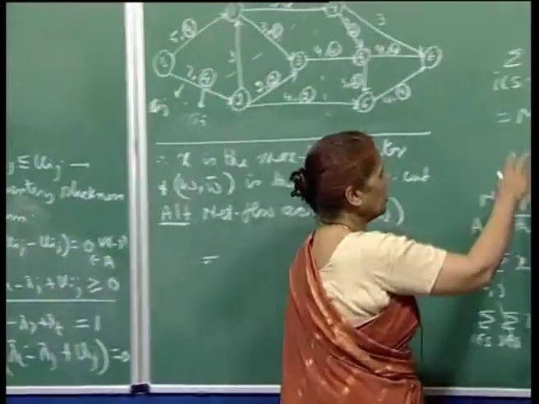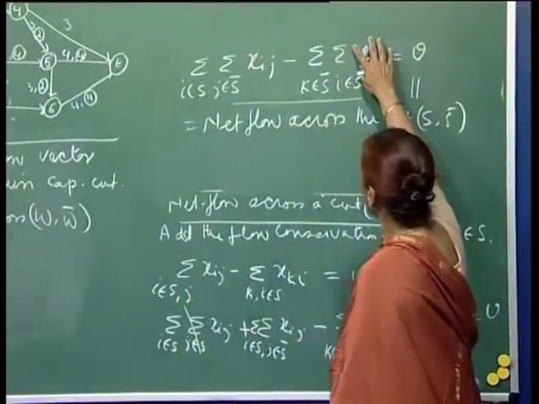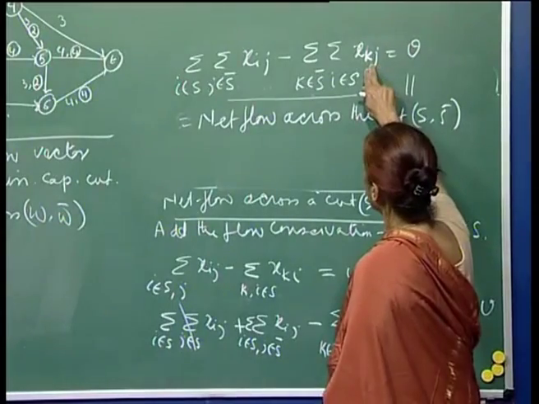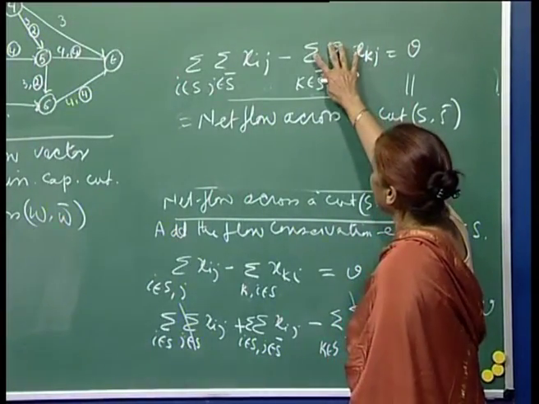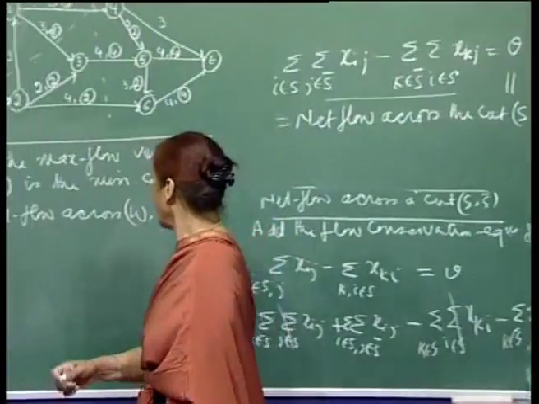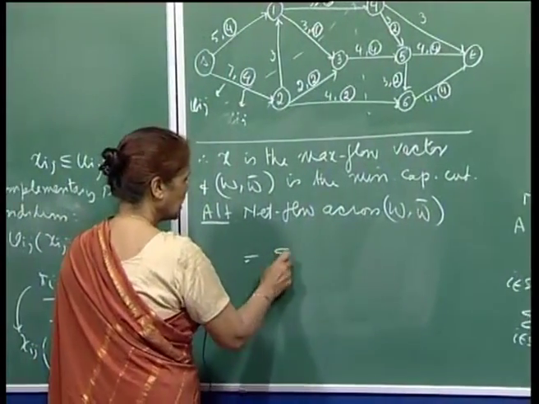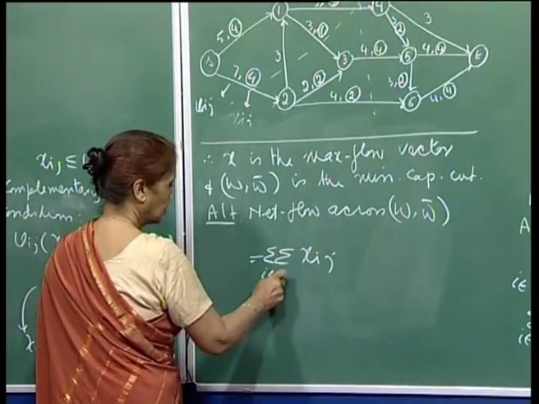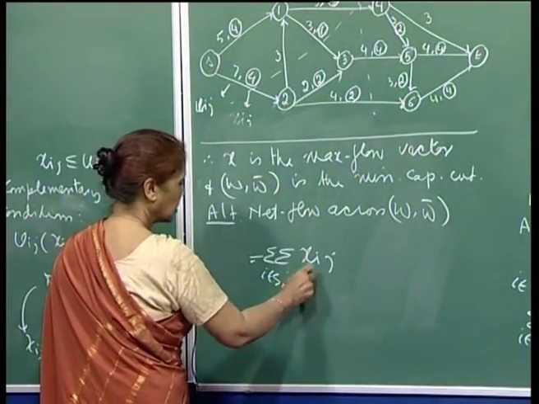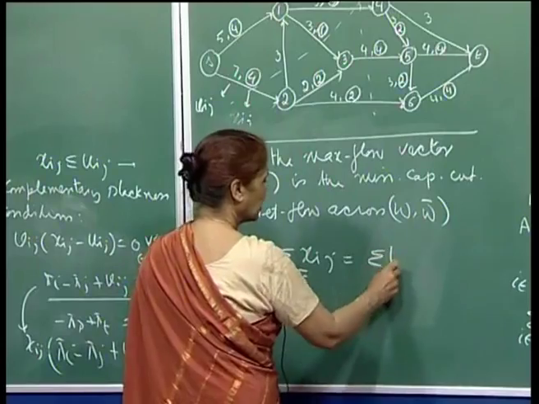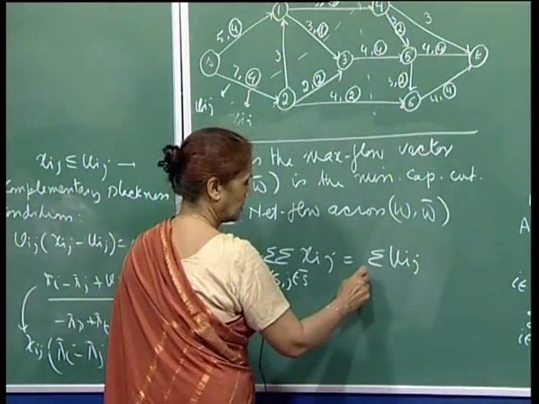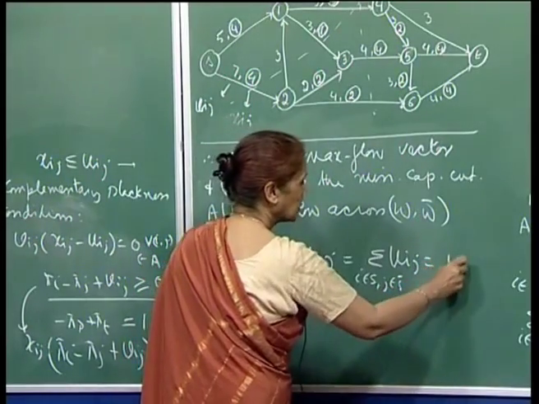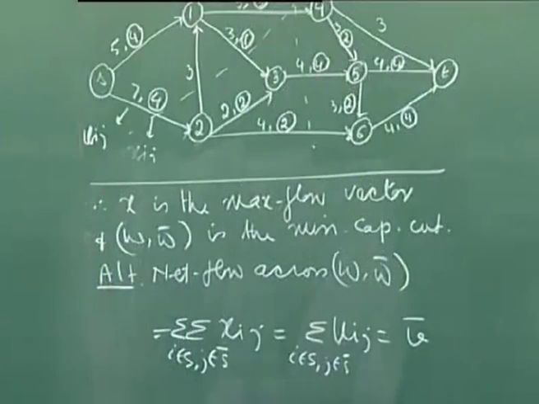So this flow is 0 because for k in s bar and i in s, the xkj's are all zeros. So the net flow across w bar is simply the summation of xij, i belonging to S, j belonging to S bar, which is equal to the summation of uij, i belonging to S, j belonging to S bar, and that is equal to your flow by that equation.